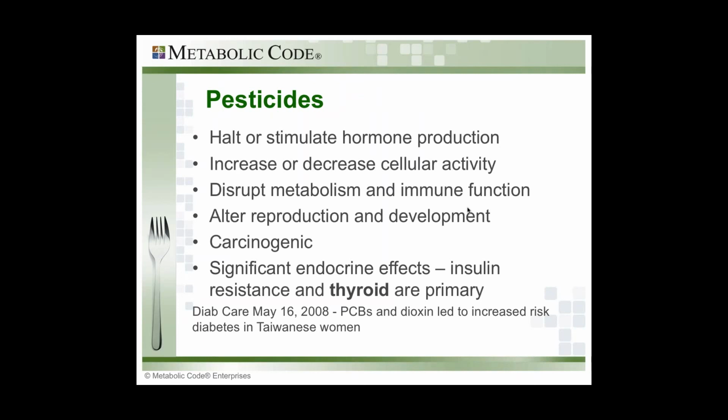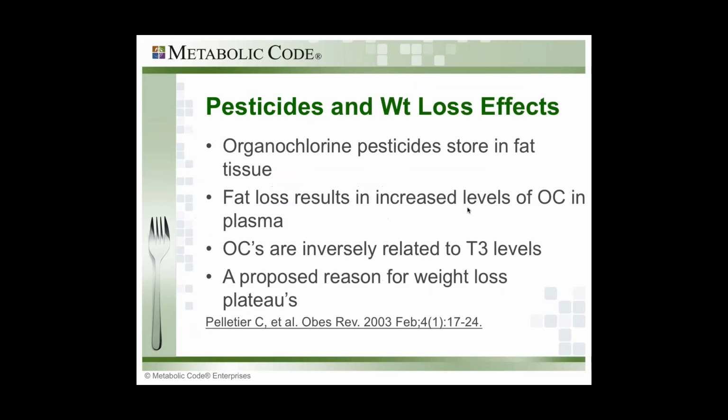So even phthalates can have an influence on thyroid hormone. But the big thing is that the two main endocrine effects seen from the common chemicals used on foods are that they can induce insulin resistance and they can disrupt thyroid hormone activity. Those are the primary things that happen with pesticides in food.